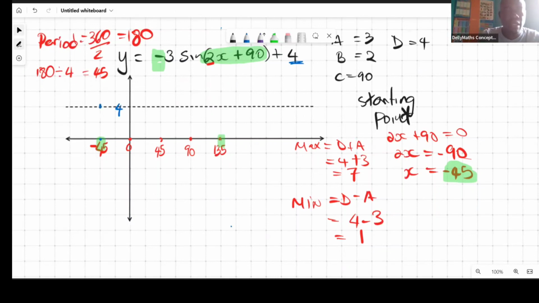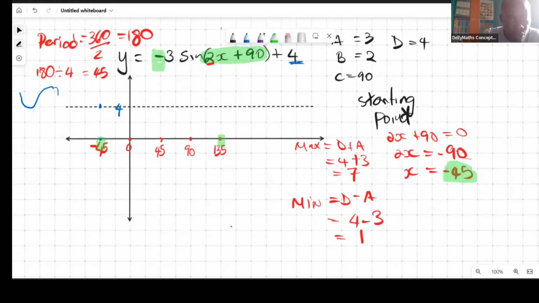And then the next at 0, I'm going to be here, because remember, we're going to have a shape like this. So we're going to be coming down. So we're going for minimum. My minimum will be at the minimum, which is going to be 1. So let us put on a 1 anywhere here.